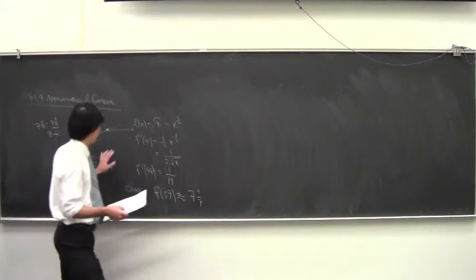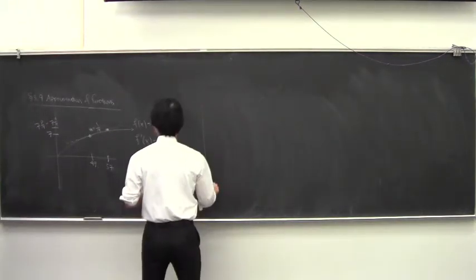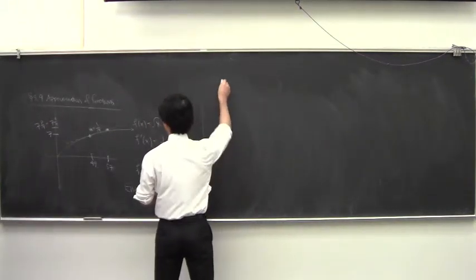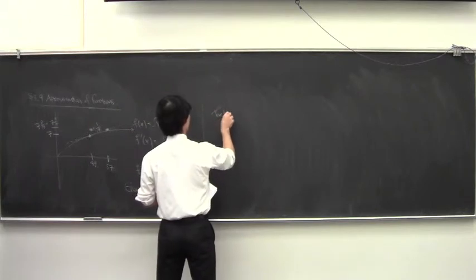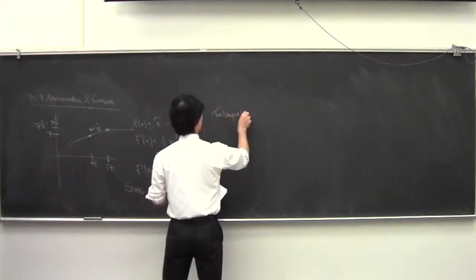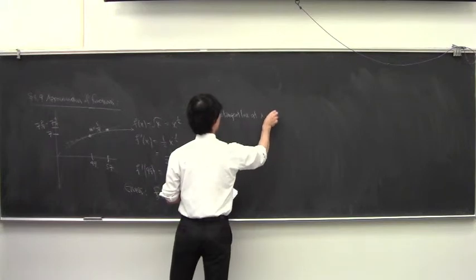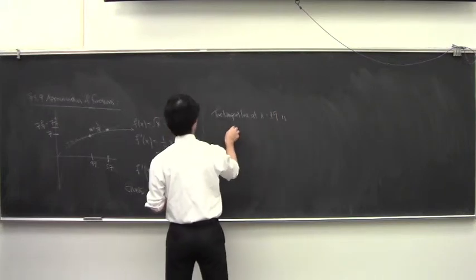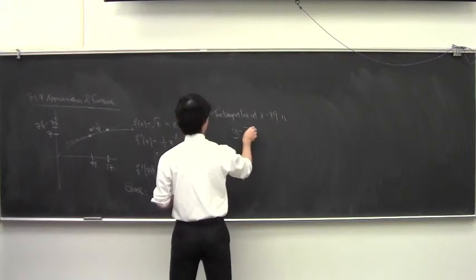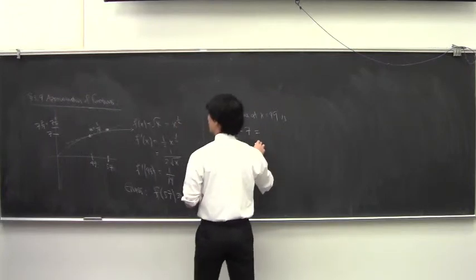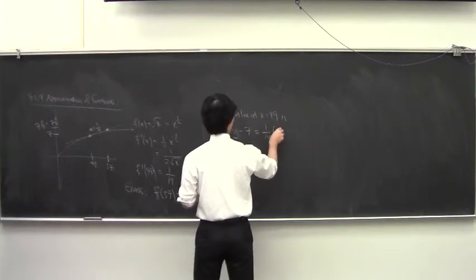Just one second. So you can write this a little bit more clearly by saying that the tangent line at x equals 49 is y minus 7 equals 1 over 14 times x minus 49.